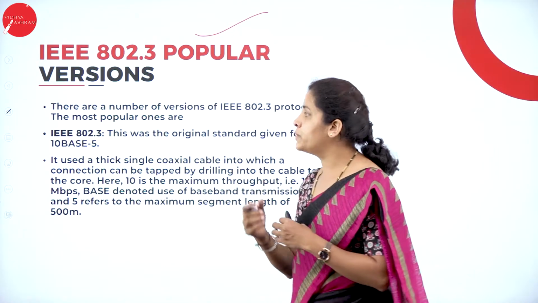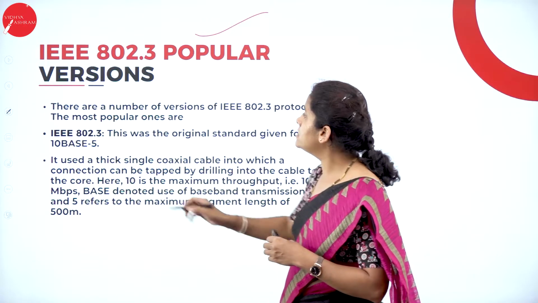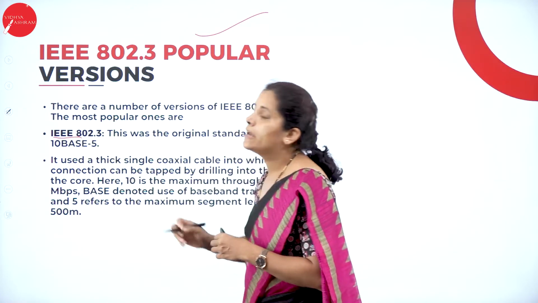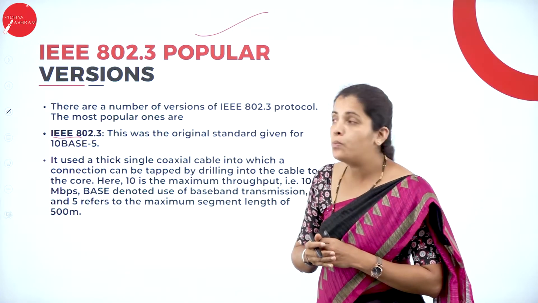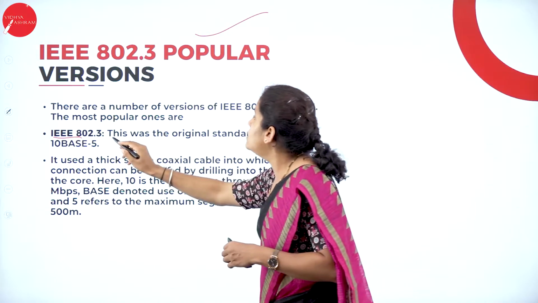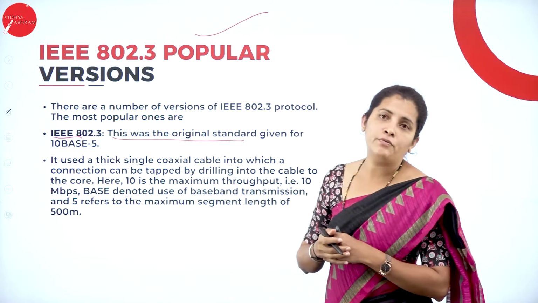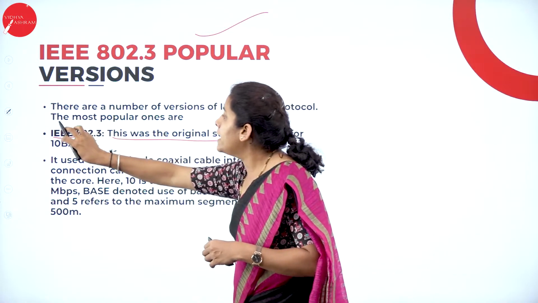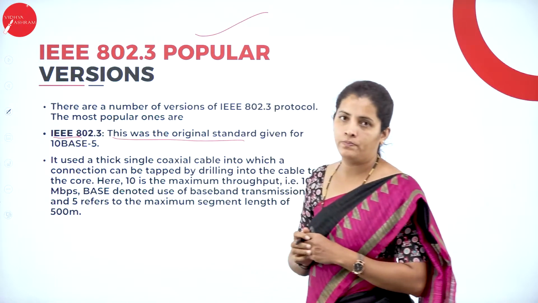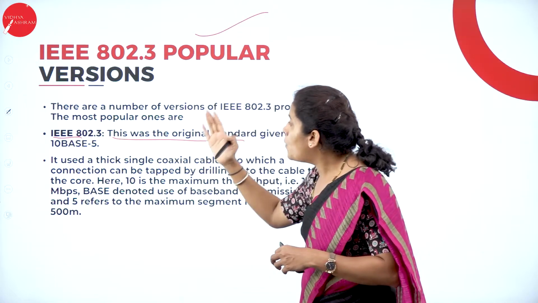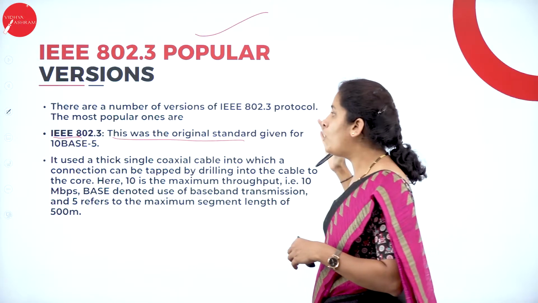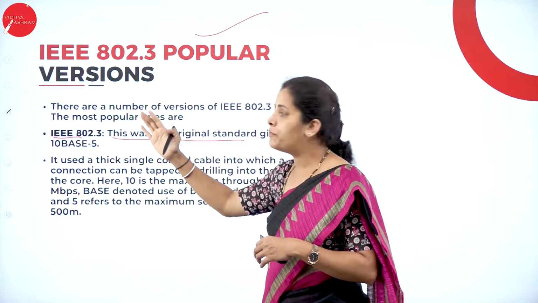What is the first variation? Here it is IEEE 802.3. It is the original standard for 10 base 5. I repeat, this is the original standard for 10 base 5.